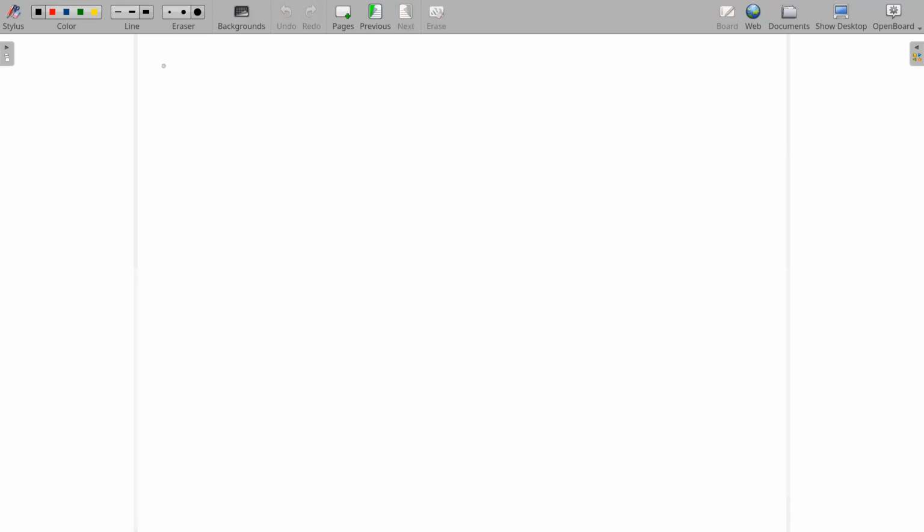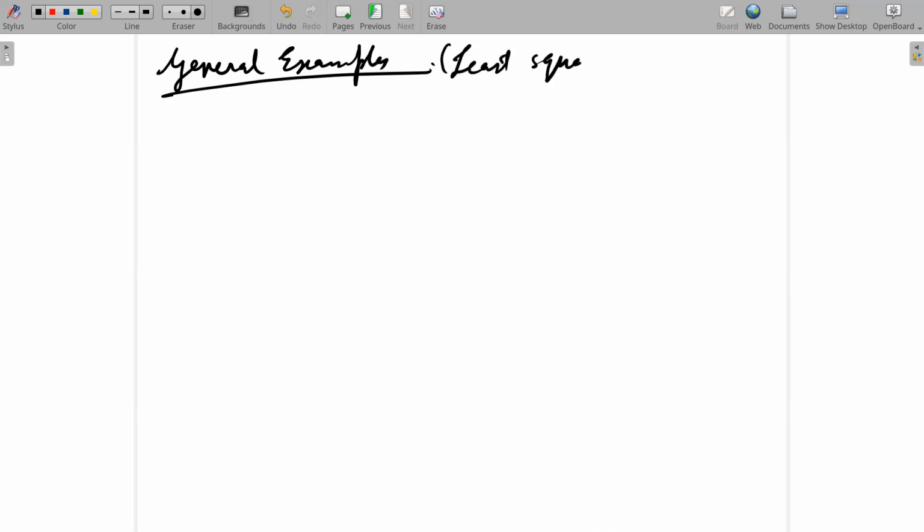Okay, so let me give some general examples. I wanted this part to be very clear. So for example, the least squares problem. This is a very standard problem in statistics. Least squares is a very general problem. It comes up in signal processing.